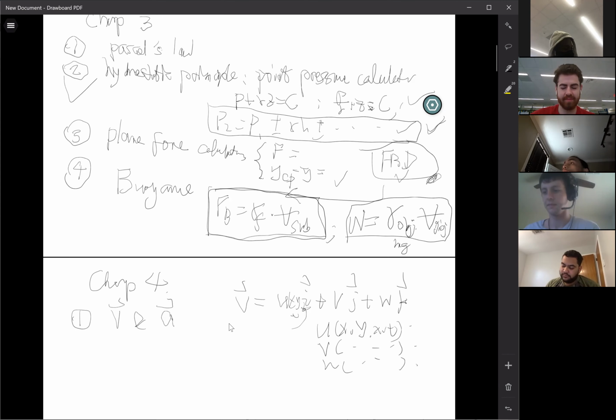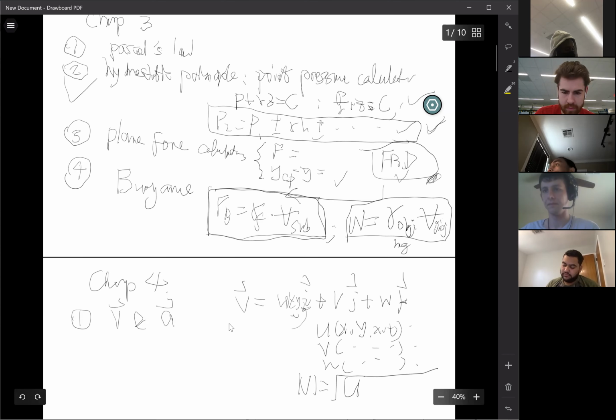Basically, you treat velocity just like a force. Force has 3 components, Fx, Fy, Fz. Velocity also has 3 components, u, v, w. Treat them separately, calculate them separately. Then you can find the velocity magnitude, which equals the square root of u squared plus v squared plus w squared.